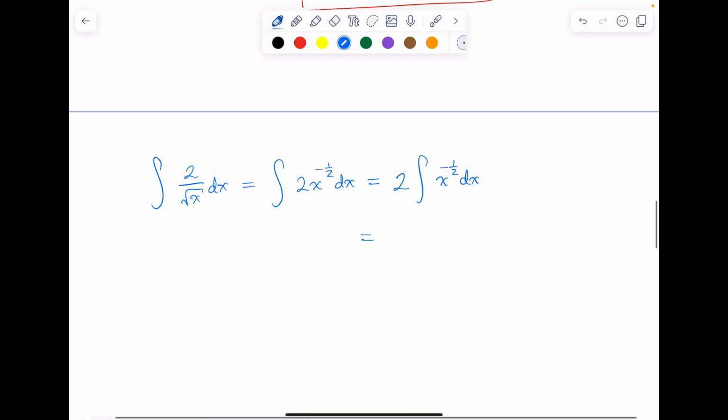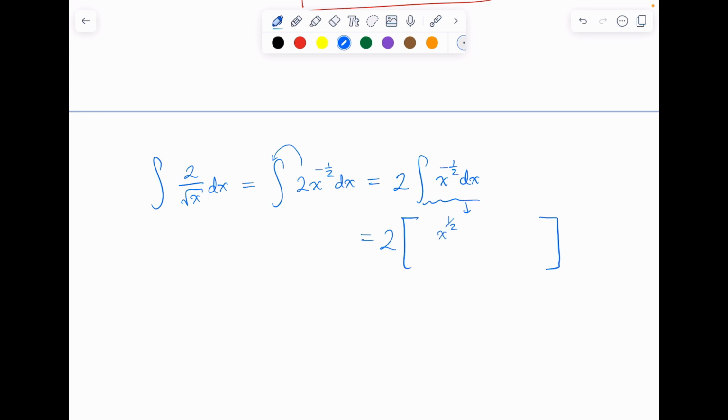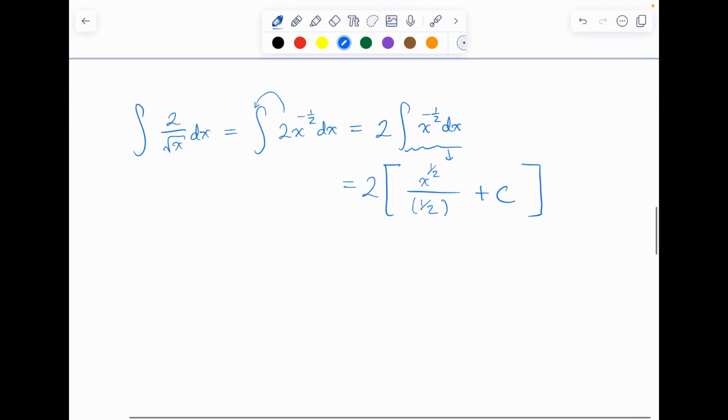Now, if you pull the 2 out like we did, this will be 2 times whatever the answer to that integral is. That's going to go there. And the answer to the integral is x to the 1/2 divided by 1/2 plus c. Now at the end, we're going to have to distribute the 2 back in, which is pretty easy.